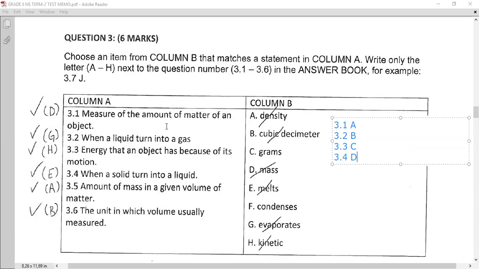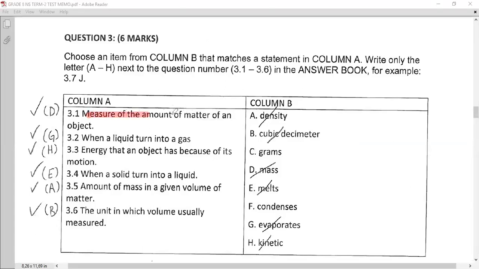There is no need to write down everything, because I also have the same question paper in front of me. It's easy to identify what's 3.1 and A. So we answer this kind of question like this from now. Now everybody knows how to answer a question like this.